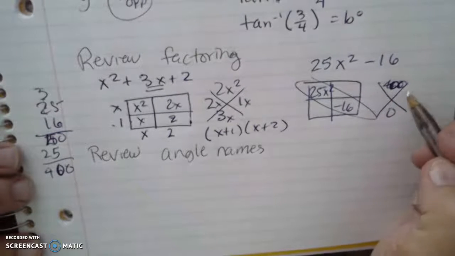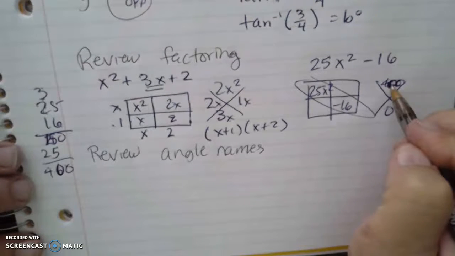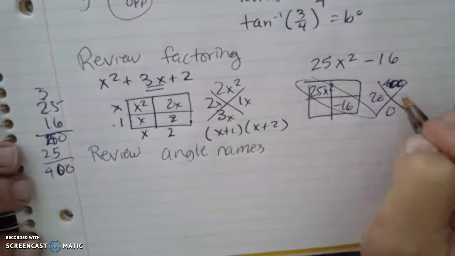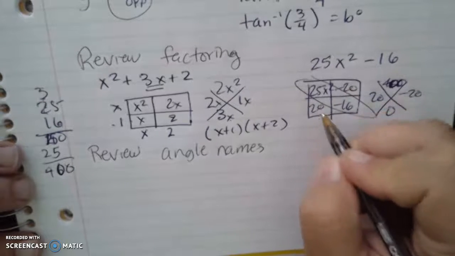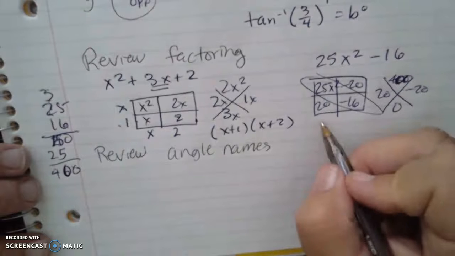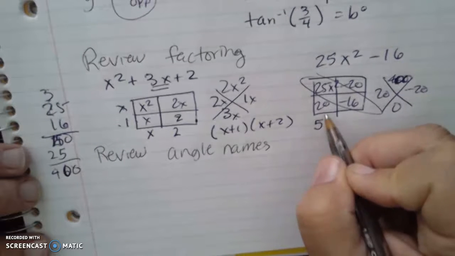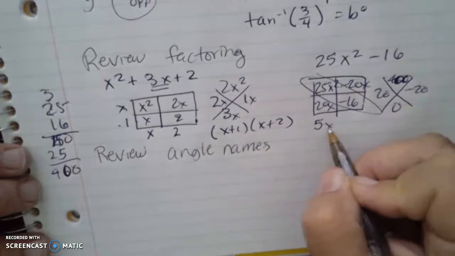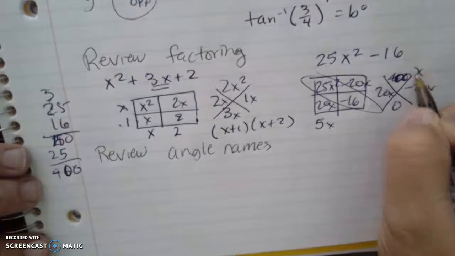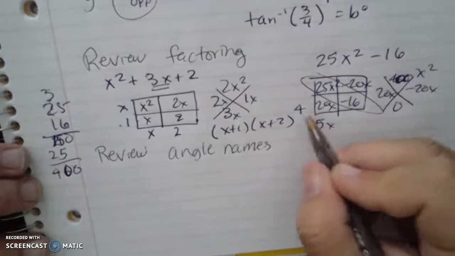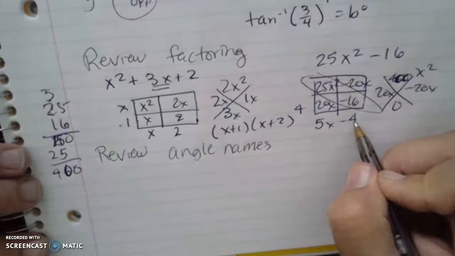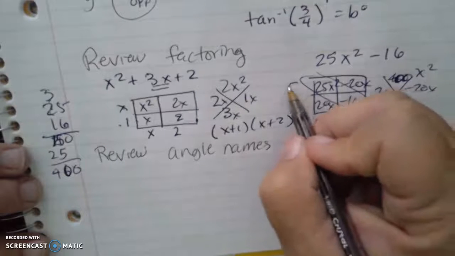So what numbers multiply to make 400 that add to make 0? 20 and negative 20. So I'll put the negative 20 here and 20 here. What can I pull out? The same process. Pull out a 5x, so that's going to be a 4, 4 times negative 4, and then 5 times 5x.